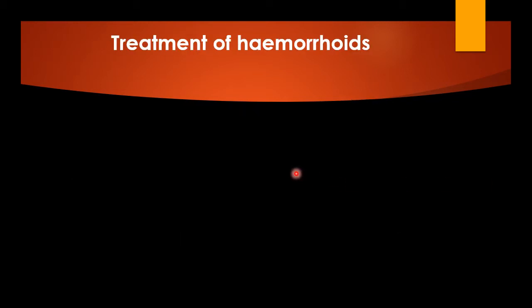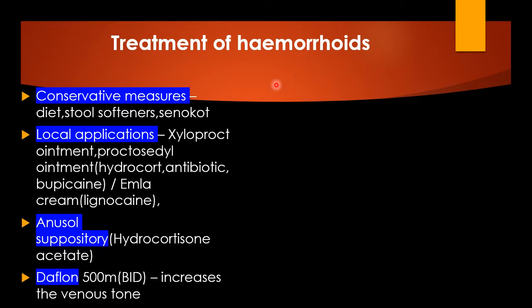Next, we come to the treatment of hemorrhoids. First, conservative measures. Okay, the first conservative measures will be diet, as I've mentioned, high fiber diet, increase a lot of fluids, stool softeners, and such as Senecort, okay, we soften the stool so that there's less straining at defecation.